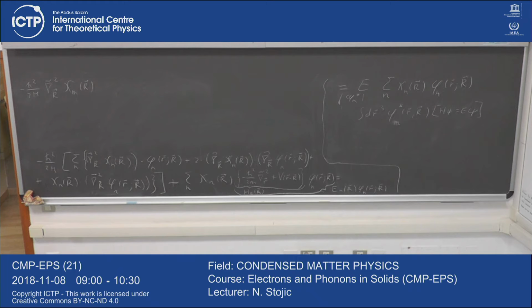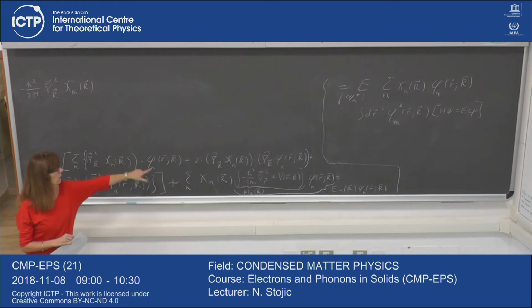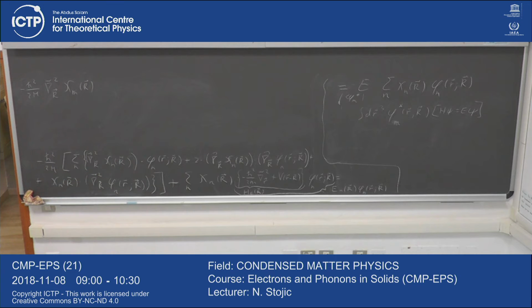So I just remain with the gradient with respect to the nucleus position of Cm, and then the other part. Here, the integration gives me 1.